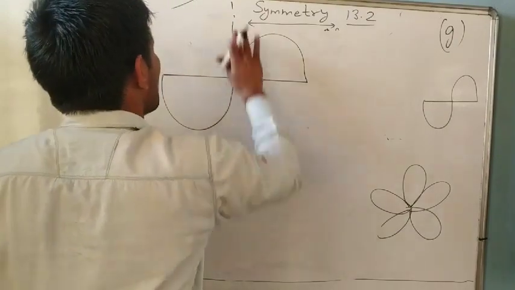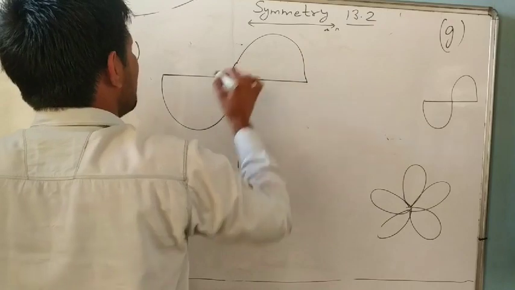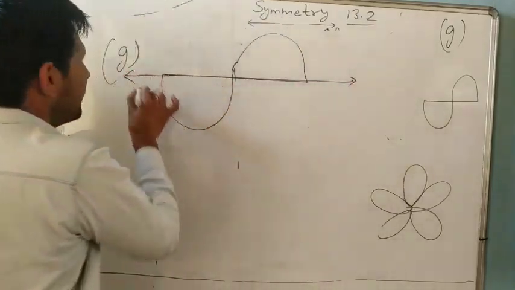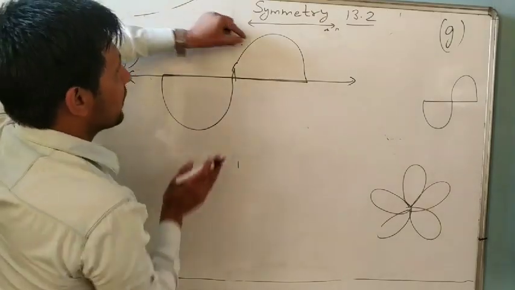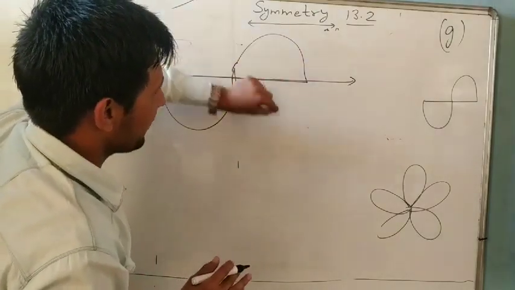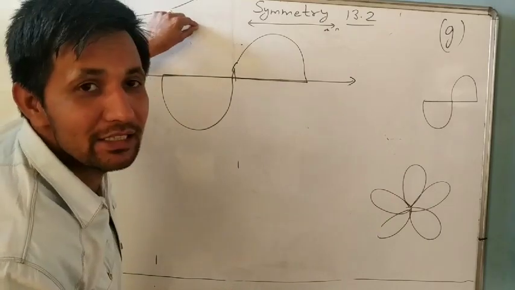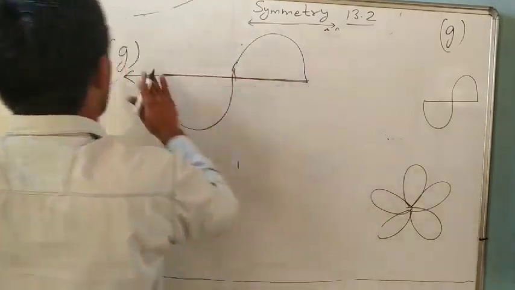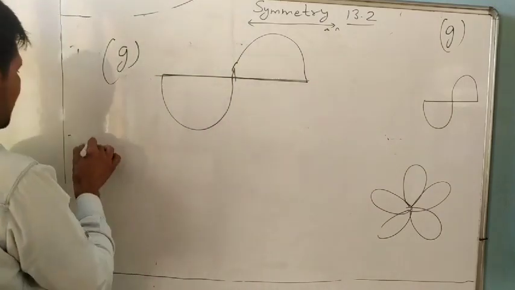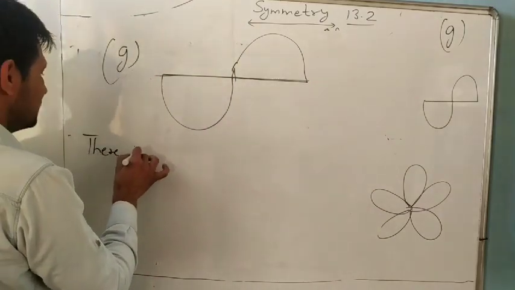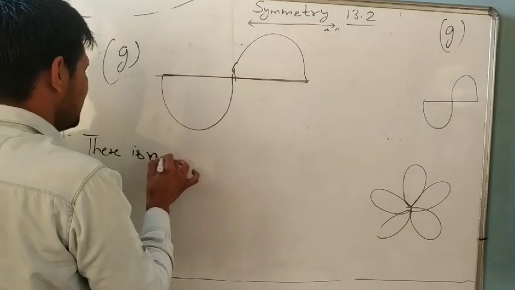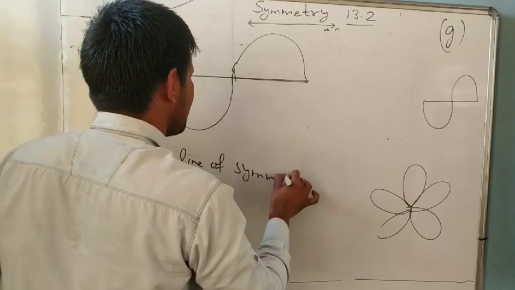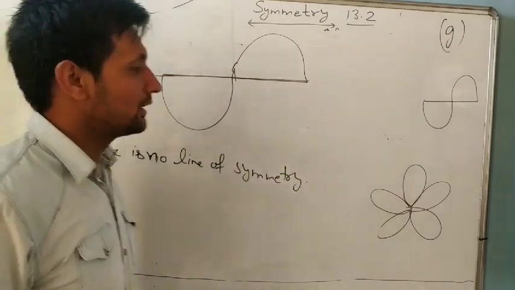So it is not a line of symmetry. One more. Can you say that it is a line of symmetry? When you fold like this one, the upside comes here, the downside comes here. No, they are not identical. If there is no line of symmetry, you can write there is no line of symmetry.